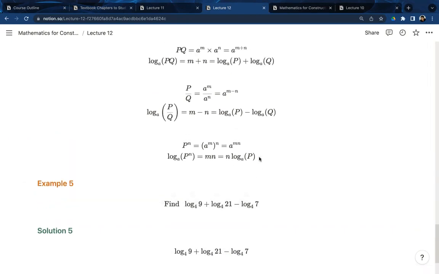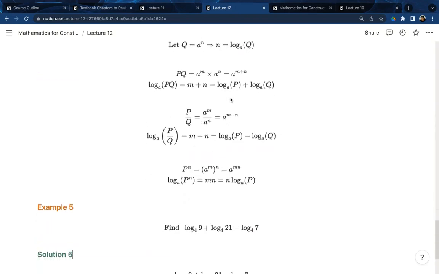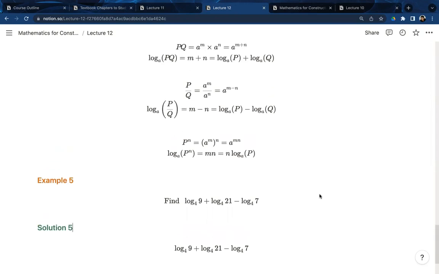But you could use the laws of logarithms up here to simplify this. If you're adding logarithms, you just multiply p and q, and if you're subtracting logarithms, you divide them.